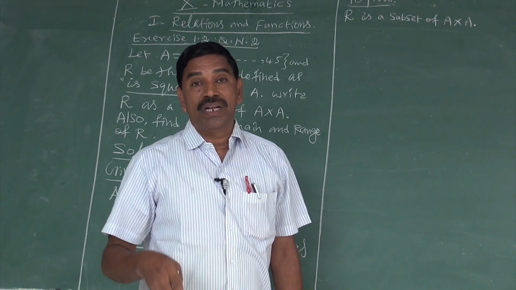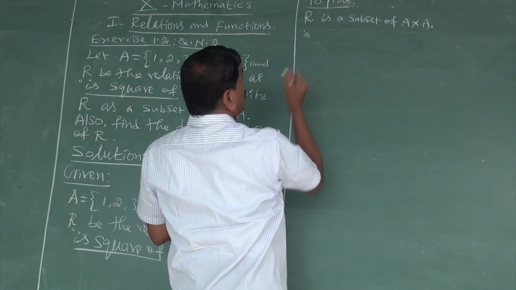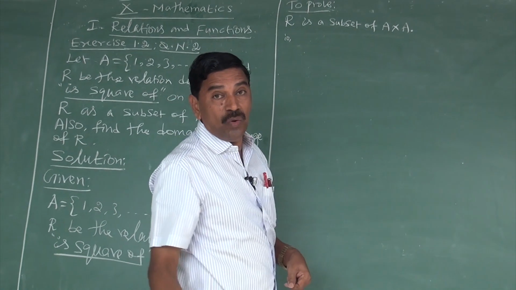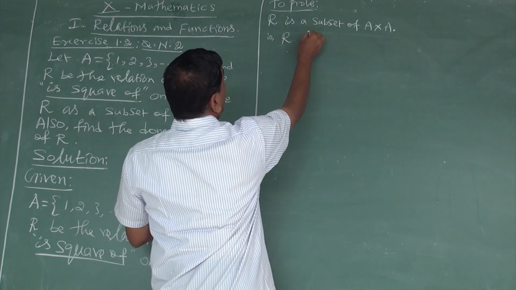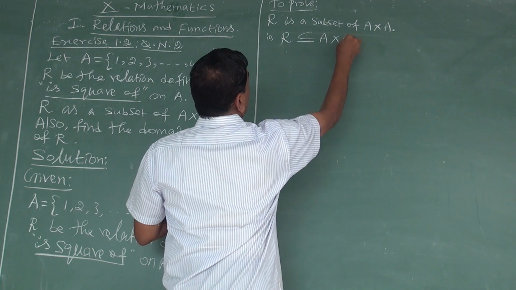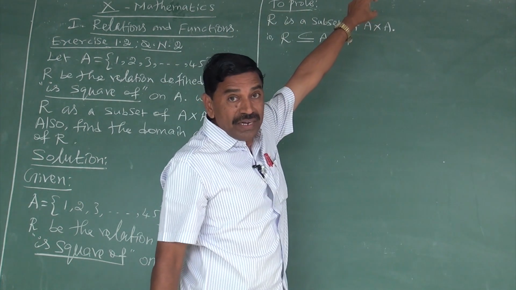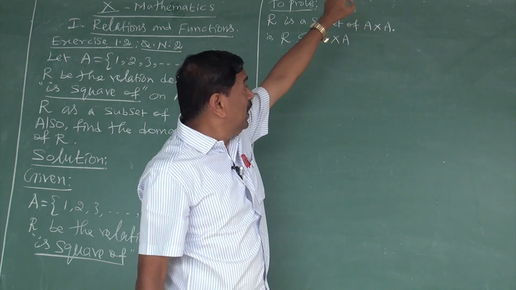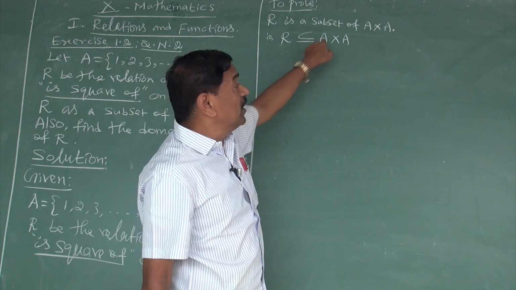How do we write it in notation form? The symbol form is R is a subset of or equal to A cross A. So, the sentence form can be written in notation form as R ⊆ A × A.